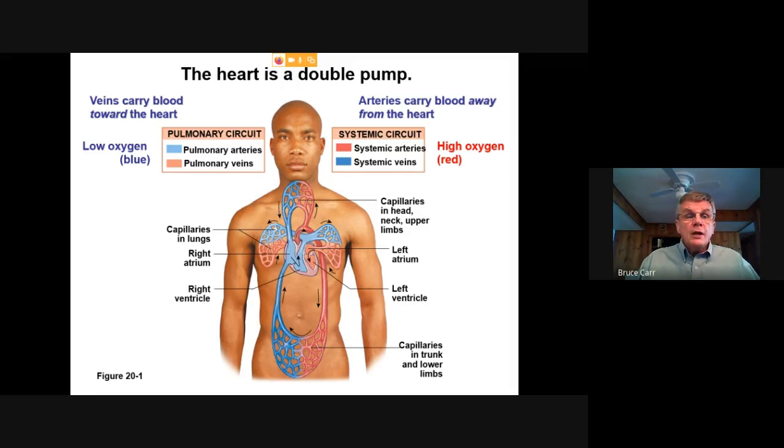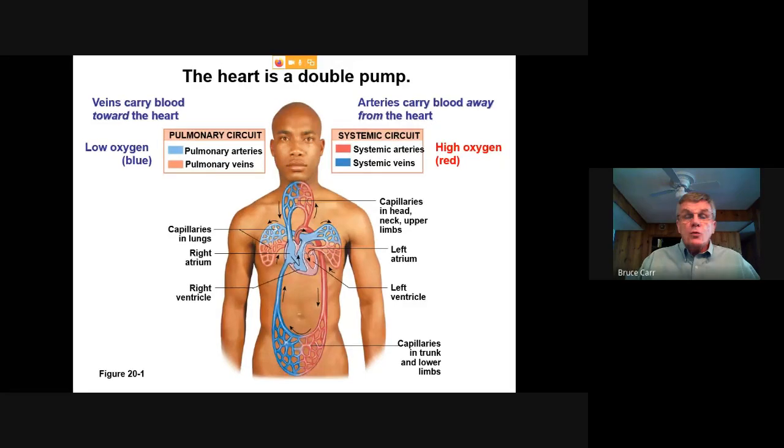So first thing, right side to the lungs, left side to the body, back to the right side in a constant, in my mind, kind of a figure eight, like it's drawn here. But of course, because the systemic circuit occupies all the tissues we see except the lungs, it's a branching tube system.